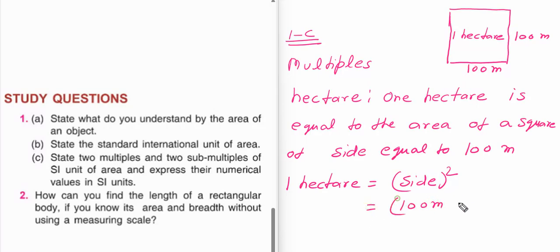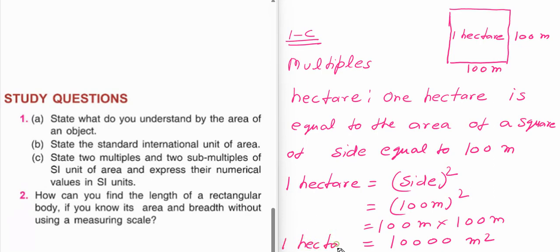Beta ji, 100 meter into 100 meter. Hence we are writing four zeros. It means 1 hectare is equal to 10,000 meter square.